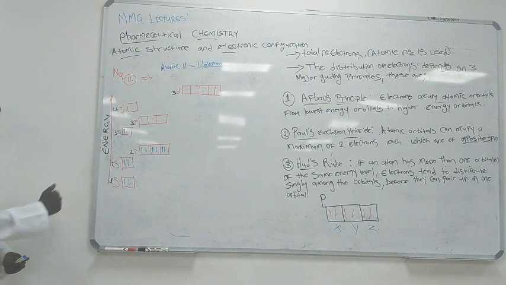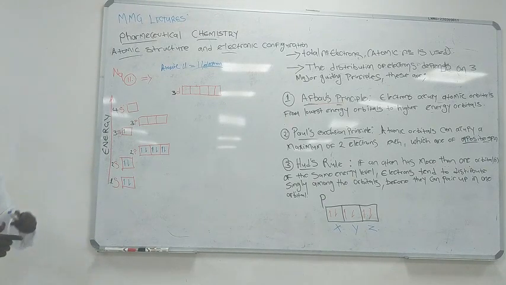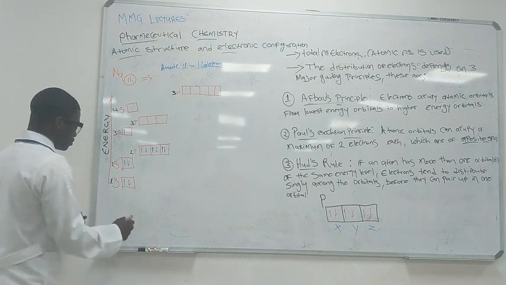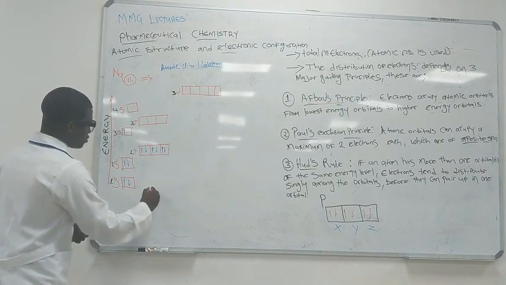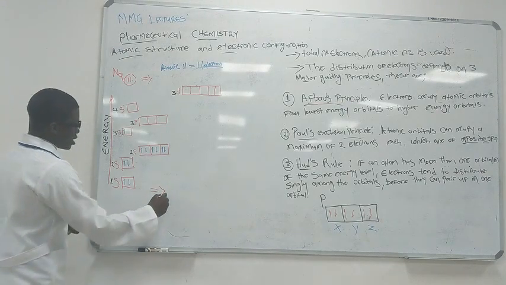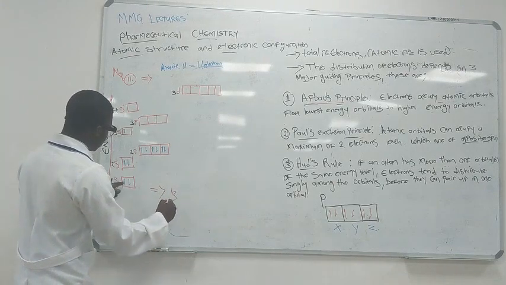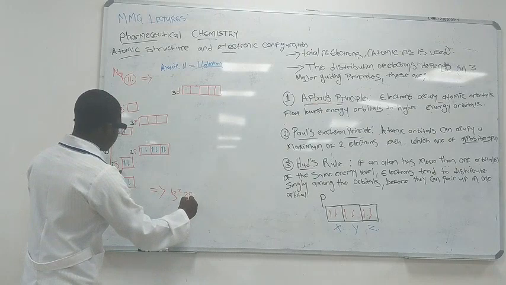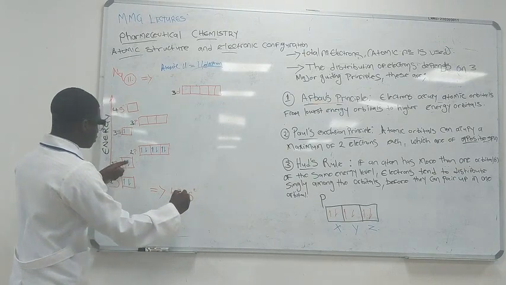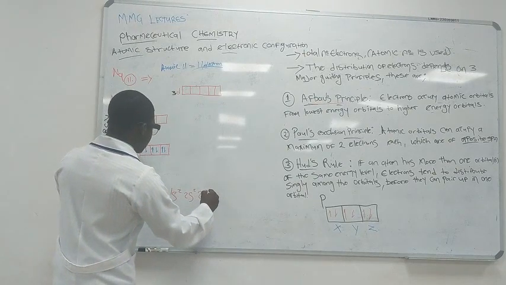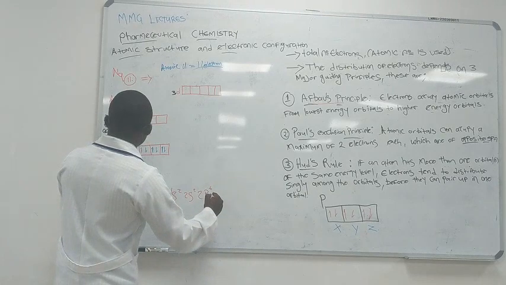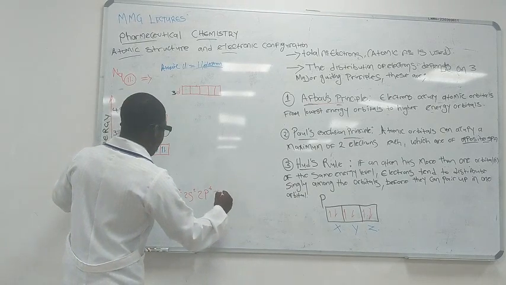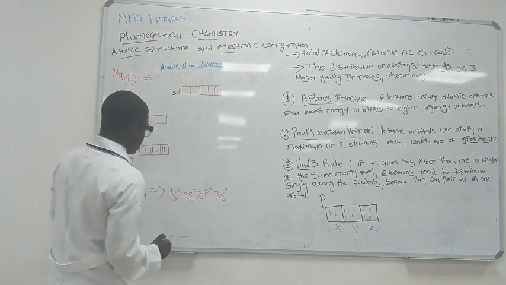Therefore, this is our electronic configuration, and we can deduce this and write it in notation form as 1s2, 2s2, 2p6, 3s1.